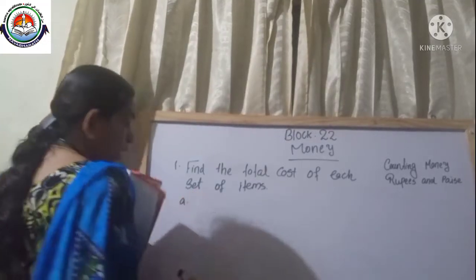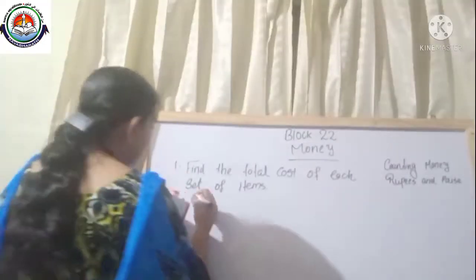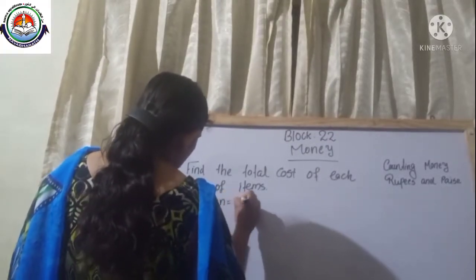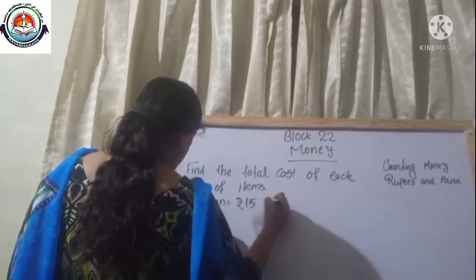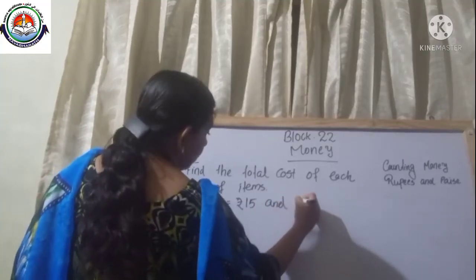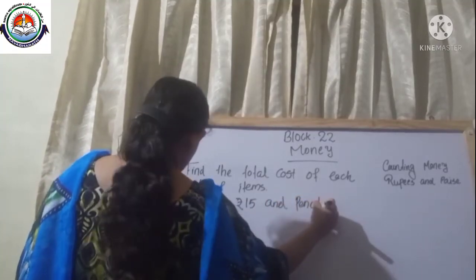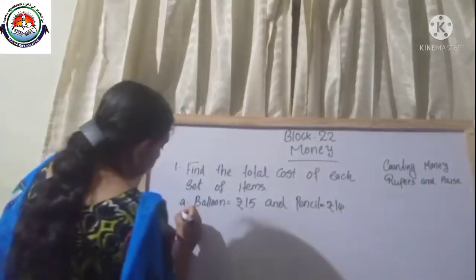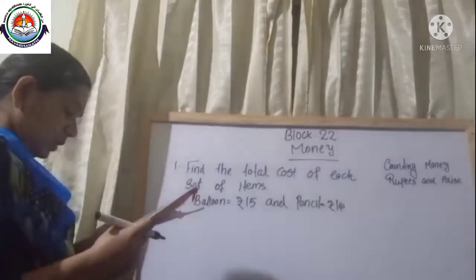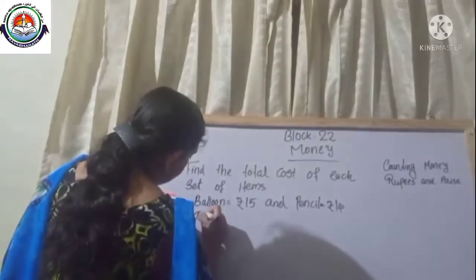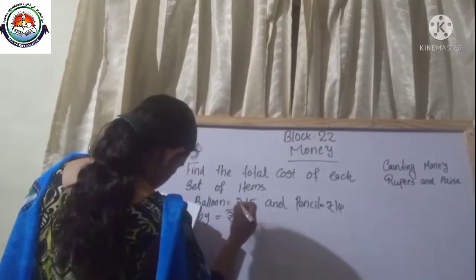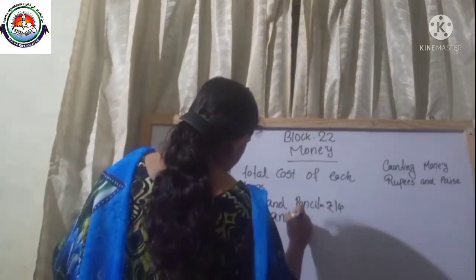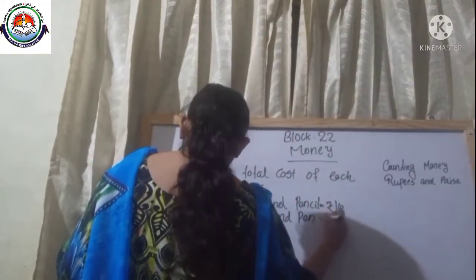Question A: a balloon with rupees 15 and a pencil with rupees 14. Question B: a toy with rupees 35 and a pen with rupees 10.